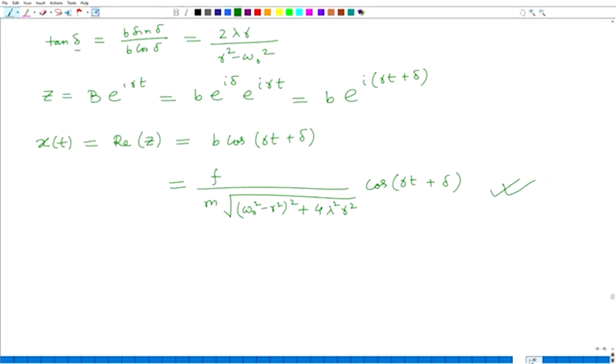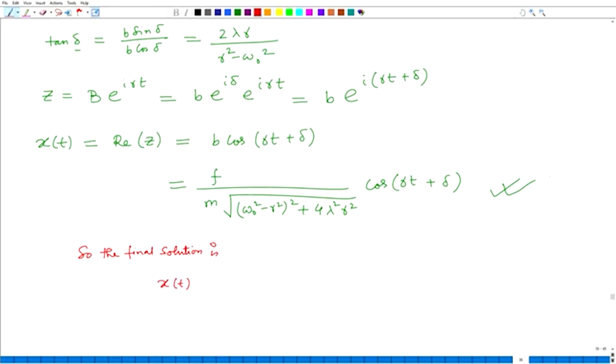However, if you want to keep alive a little bit of the reminiscence of this complementary function in the solution, the best way is to take the case of underdamped oscillation, where your damping coefficient is less than the natural frequency, and that is exactly what we will see when I write the final solution. So, the final solution is x(t).